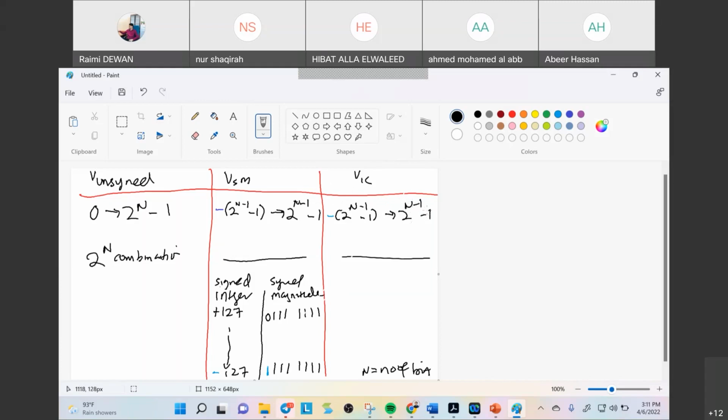So it's almost the same, right? Is it the same with sign magnitude? The range, is it the same or not the same? The way you look at it, is it the same?